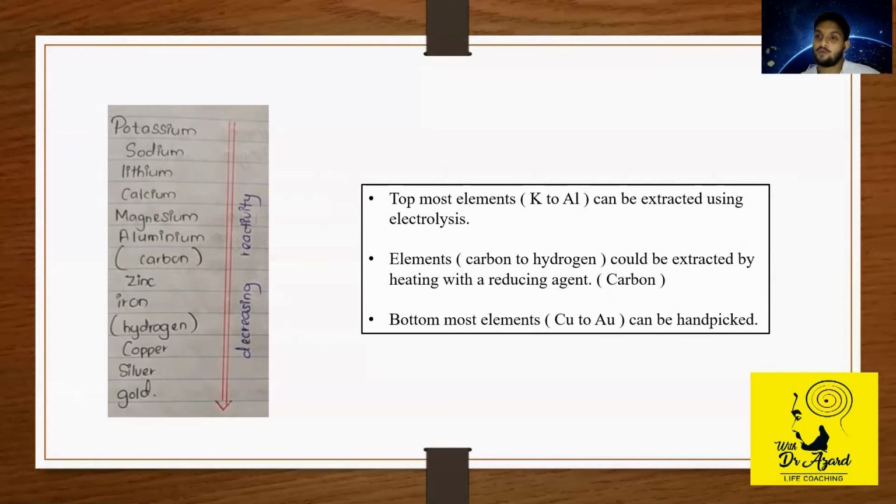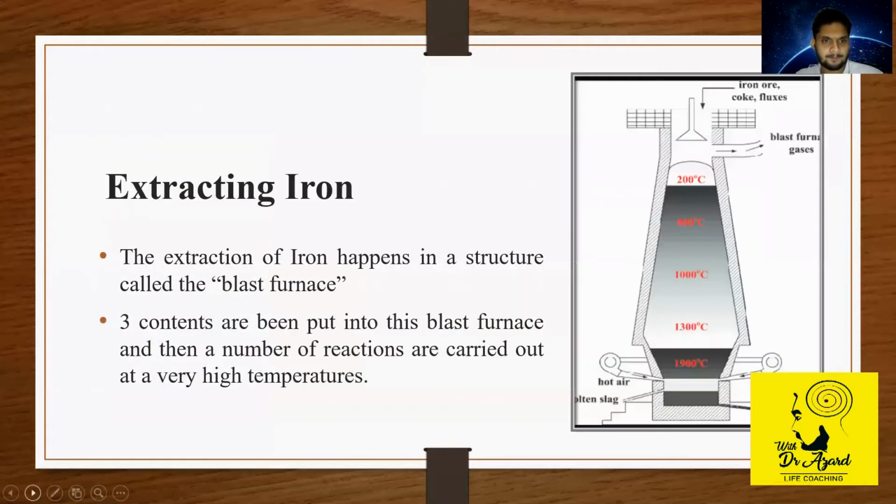You don't need big Bunsen burners and everything to extract gold. You can just go and hand pick it. Why is that? Because the elements from copper to gold are the least reactive, so that's why we are able to do that.